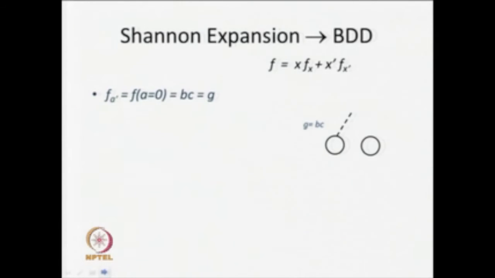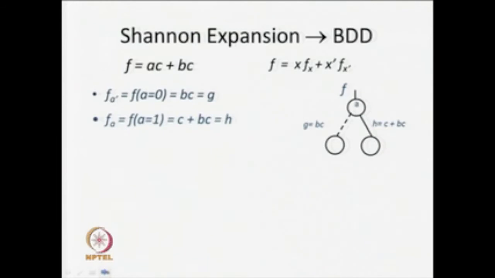Now, just see what I am going to talk about. Now, we are saying that the BDD can be constructed or represented with the help of Shannon expansion. Again, consider this same Boolean function f equal to AC plus BC, and the Boolean Shannon expansion is f is equal to x f_x plus x' f_x'.